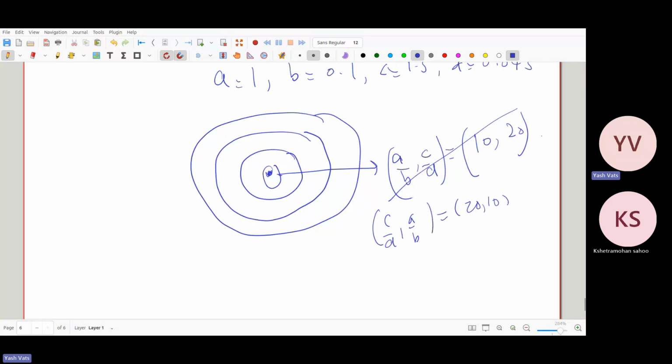So this point is (20, 10) actually. And you have these circles over there because it is the center.